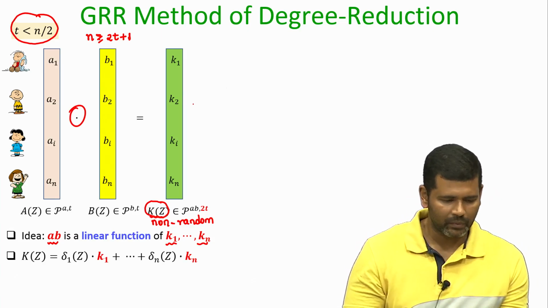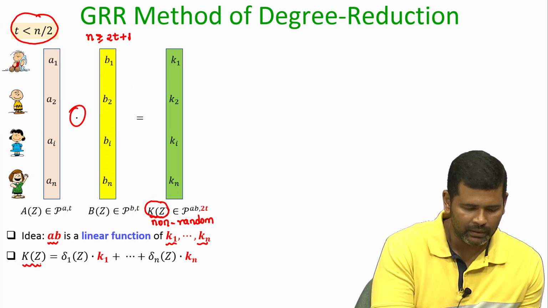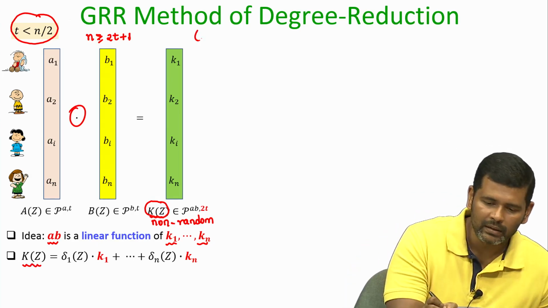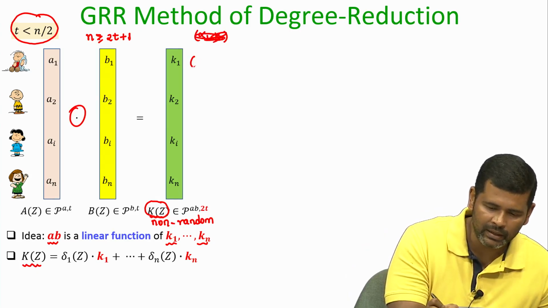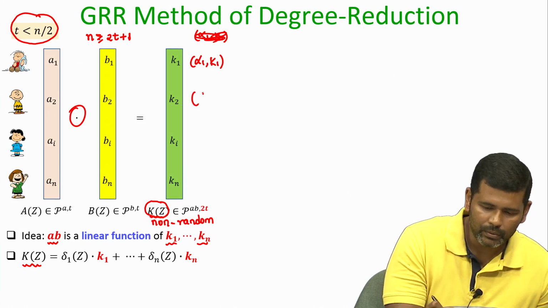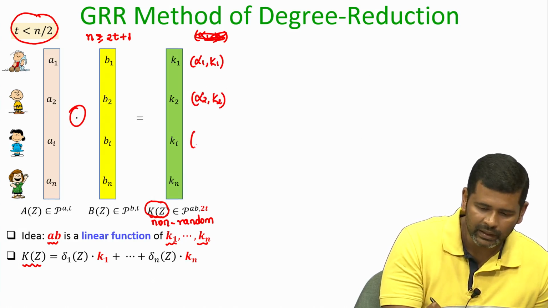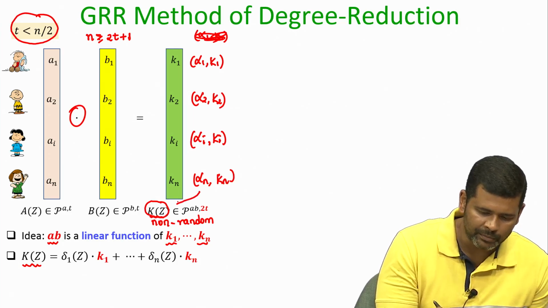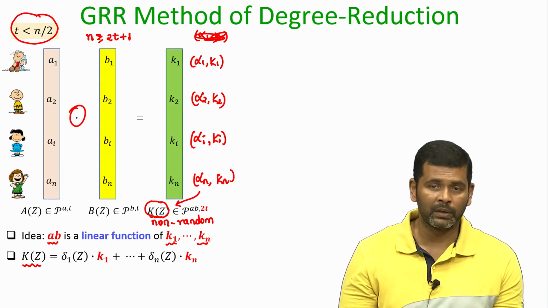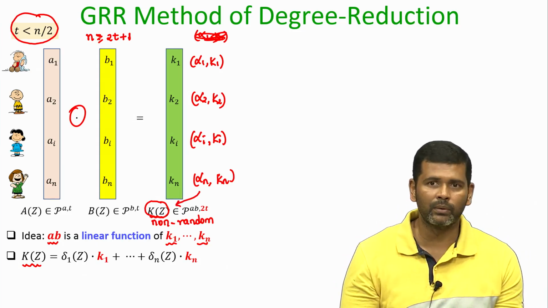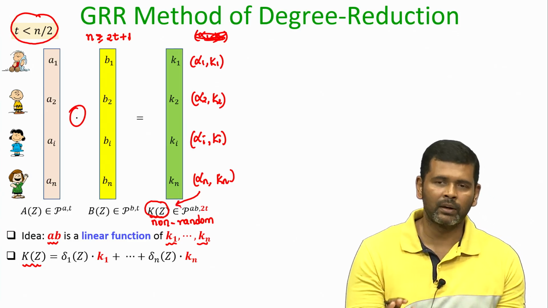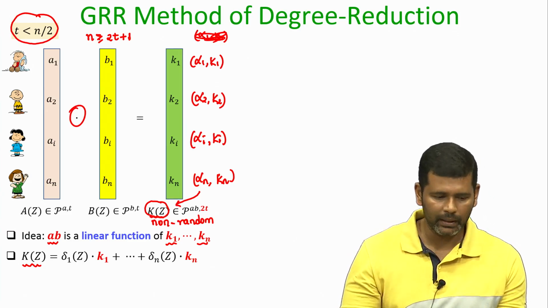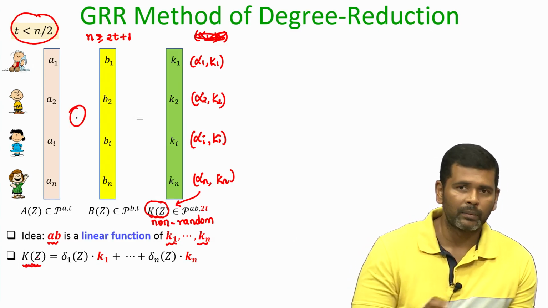This is because if you recall the Lagrange interpolation, we know that alpha 1 k1, alpha 2 k2, alpha i ki and alpha n kn together uniquely interpolate this k polynomial. Why uniquely? Because n is greater than or equal to 2t plus 1 and the degree of the k polynomial is 2t. Okay. And we know the form of the k polynomial.